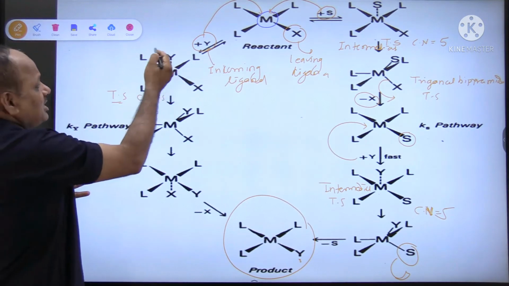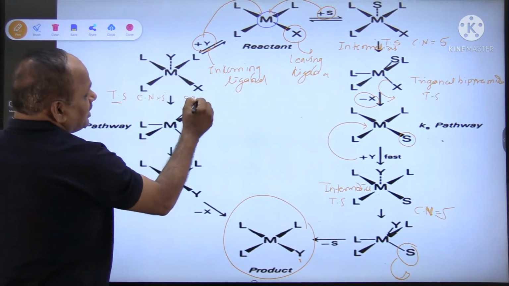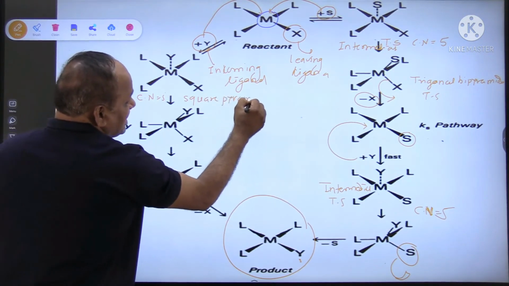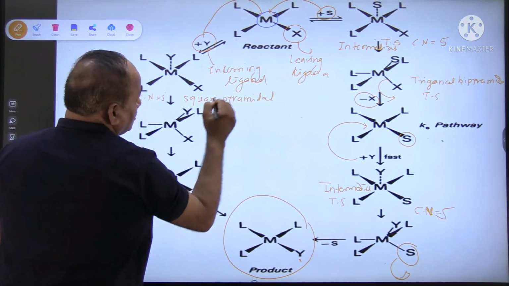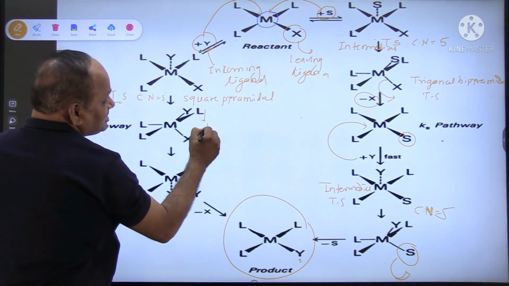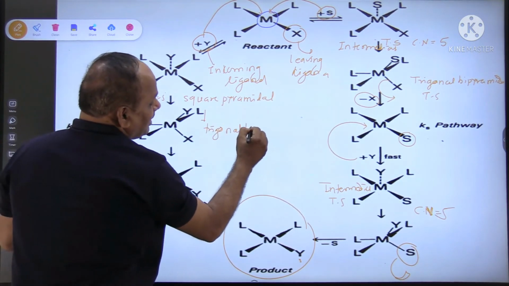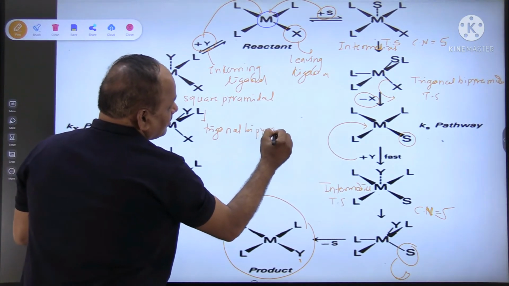After that, the square pyramidal geometry will change to a trigonal bipyramidal geometry.